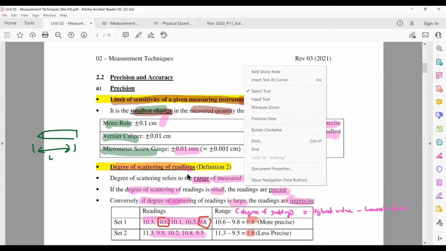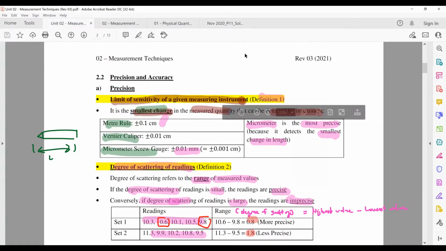So this is what precision is. It depends on the context in which you are applying it. Either you're applying it to your instrument or to your readings. If applied to your instrument, it is talking about the smallest change that it can measure. If applied to your readings or your measurements, it's talking about your degree of scattering of readings.